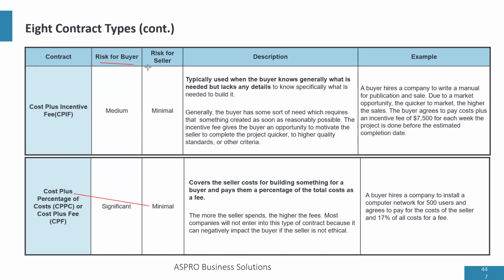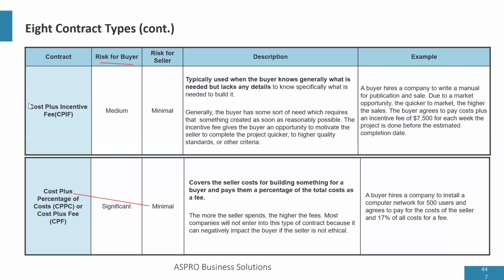So let's say that percentage of cost is 10%. So if a project costs $400 million, the seller gets 40 million, which means total project cost is $440 million. Now, let's look at the risk.